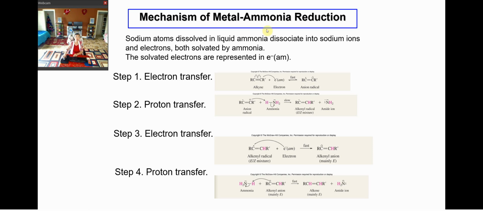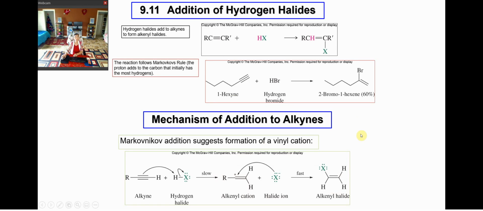Your electron results from the sodium dissociation into the cation and the electrons. Both sodium cation and the electrons are solvated by ammonia. And your proton is transferred from your ammonia, so the hydrogen bonded with your nitrogen in your ammonia will be transferred to the alkene radical to form the alkene anion, and then further to alkene. So that's 4 major steps.